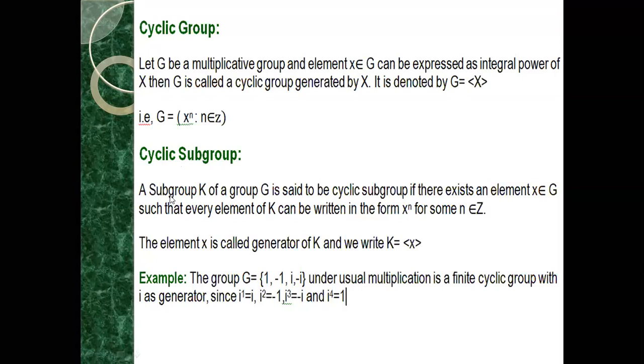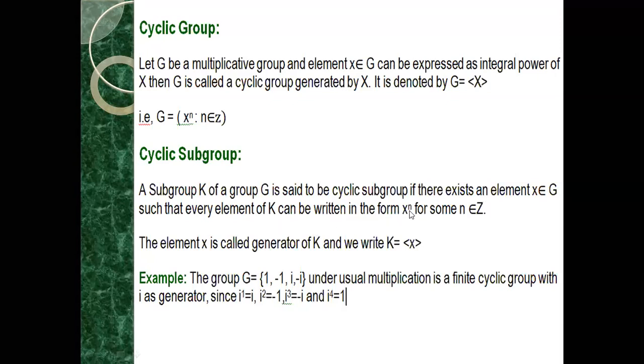A subgroup K of a group G is said to be a cyclic subgroup if there exists an element x belongs to G such that every element of K can be written in the form x power n. Every element of K can be written in the form x power n, means every element of K can be expressed as integral powers of x.